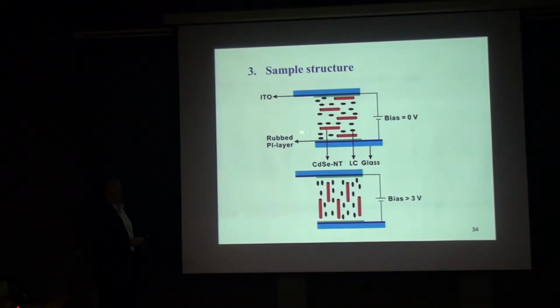Due to the strong coupling between these two, the semiconductor nanowire or nanotube will align along the direction of the liquid crystal molecule. After applying an electric field, we are able to change the orientation of the liquid crystal molecule and also the direction of the semiconductor nanowire or nanotube.